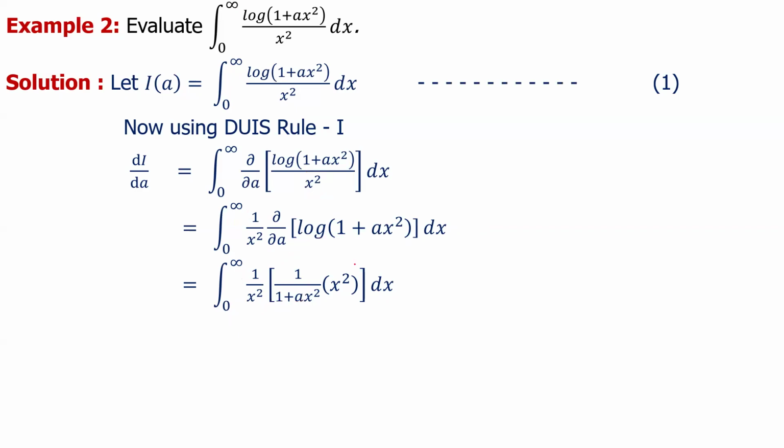Now this x² and this x² will cancel, so we have the integration of 1/(1 + ax²) with respect to x under the limit 0 to infinity. Now if we take a outside from the given expression, we can write 1/a times 1/(1/a + x²).